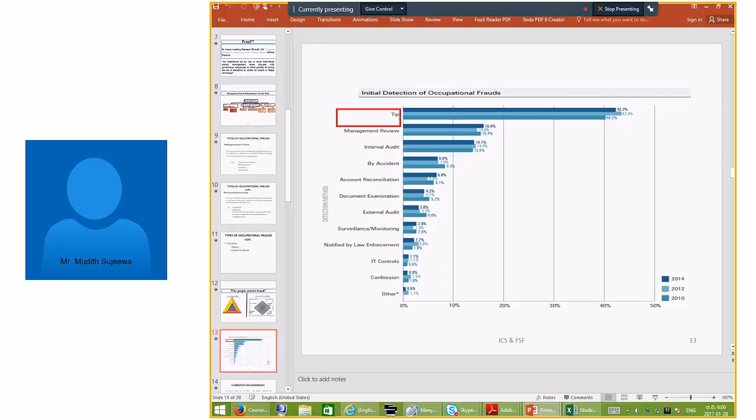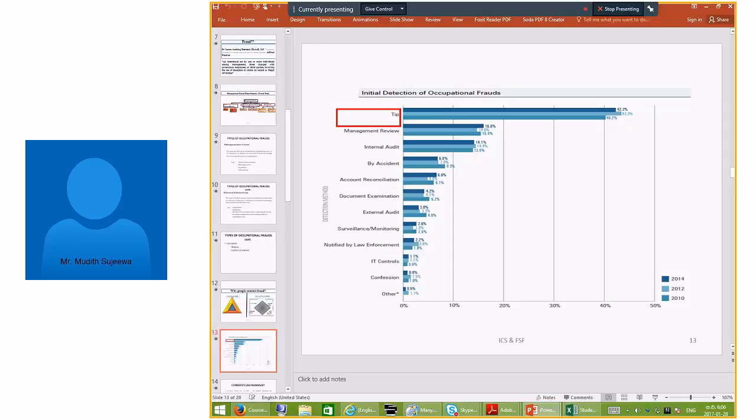So detection is done through tips in more than 42% of cases. Then management reviews, 16%. Internal audits, 14%. By accident, 6%. Account reconciliation, 6%. Document examination, 4%. External audits are very low, 3%, because the auditors are not there to detect frauds.